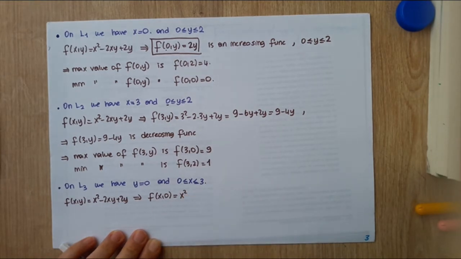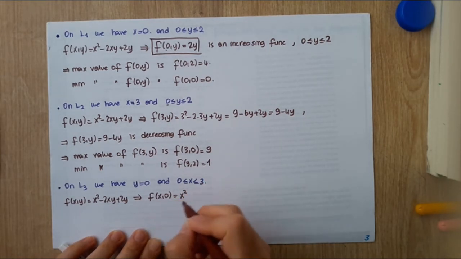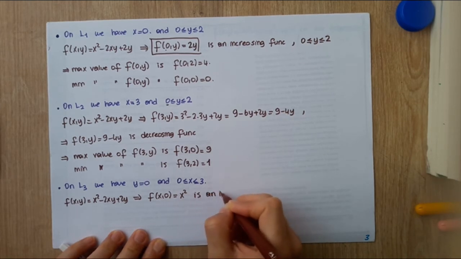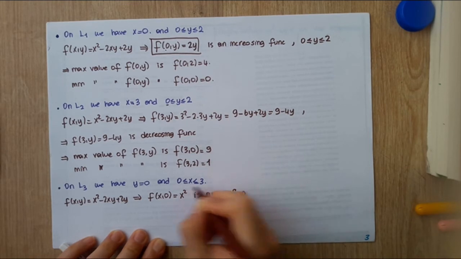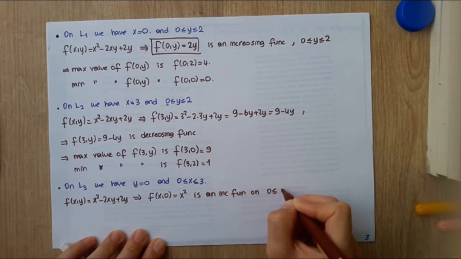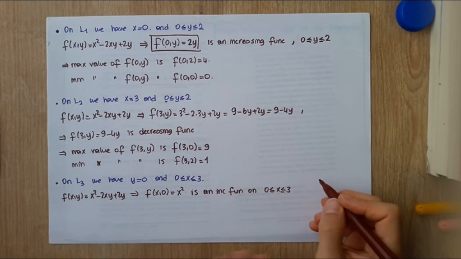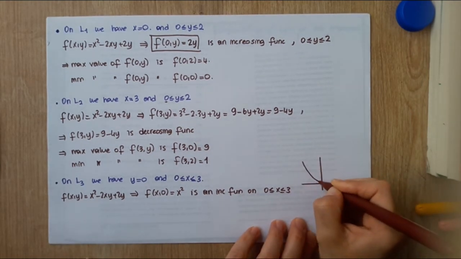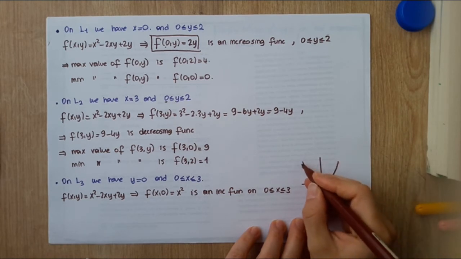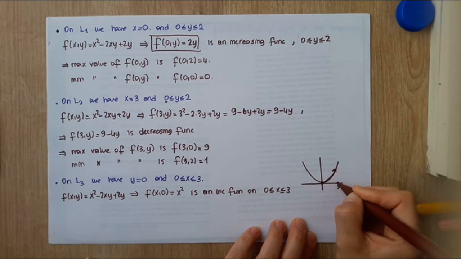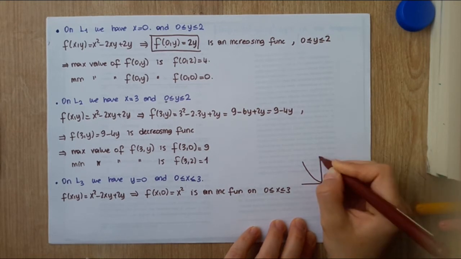Okay, so this function, x squared, is an increasing function on this interval, on 0 is less than or equal to x and x is less than or equal to 3. Why? Because this is a parabola, right? On this side it is a decreasing function, but between 0 and 3, it is an increasing function.